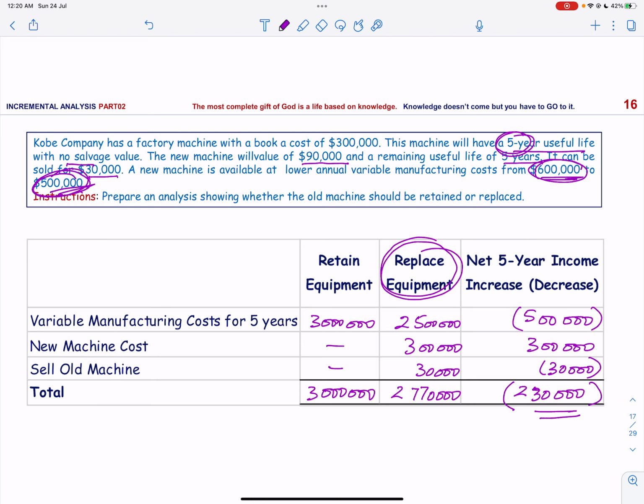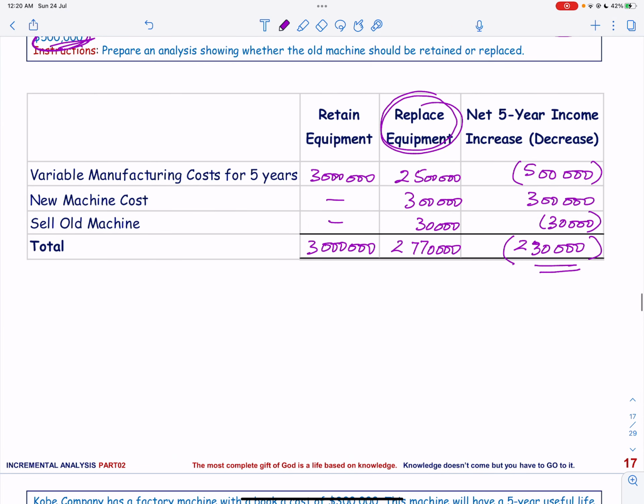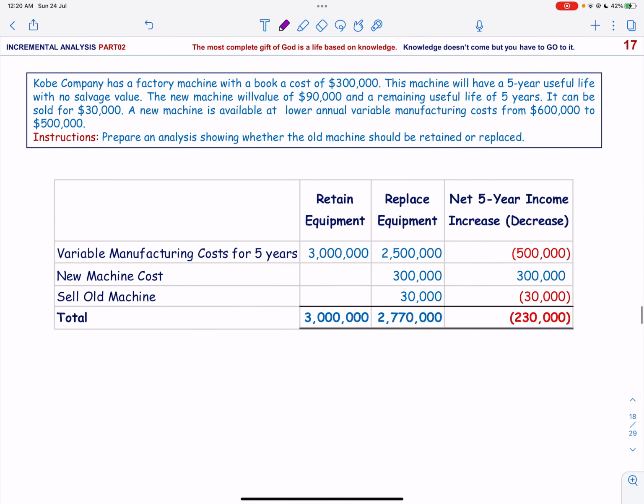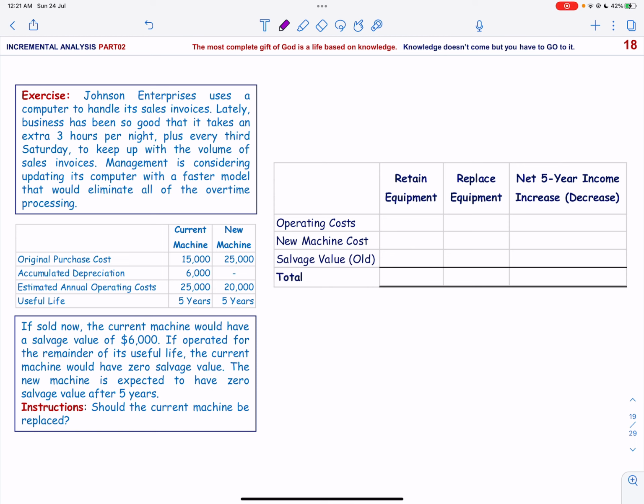Let us look into one more exercise, and once again I have put this in an Excel sheet for your better understanding. Johnson Enterprise uses a computer to handle its sales invoices. Lately, business has been so good that it takes an extra 3 hours per night plus every third Saturday to keep up the volume of sales invoices.